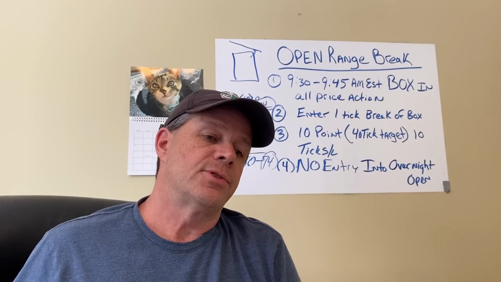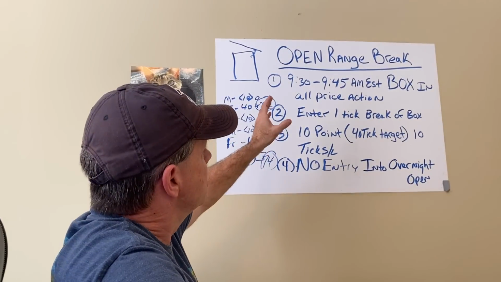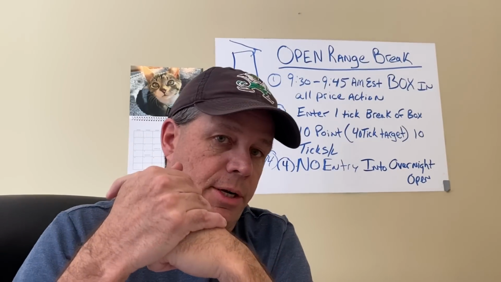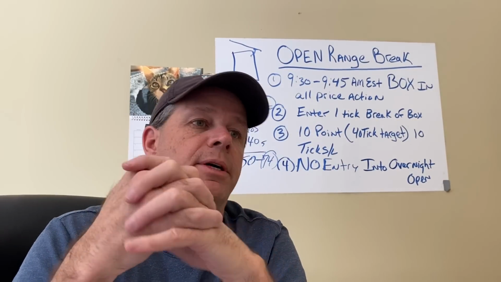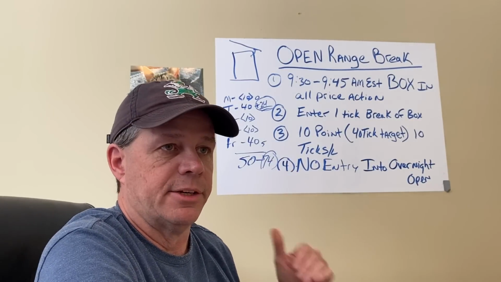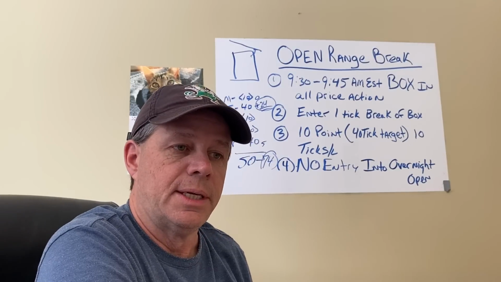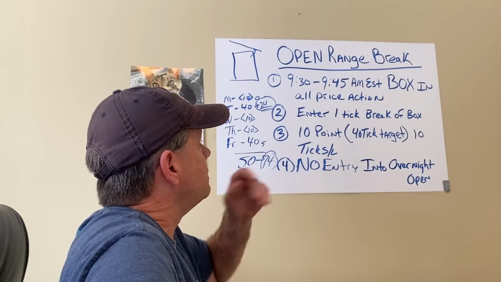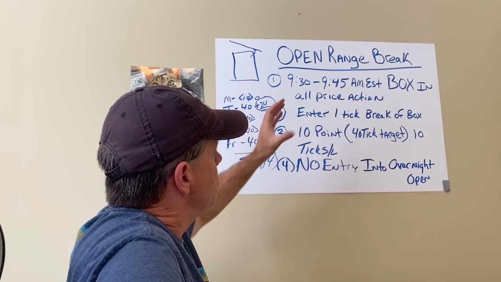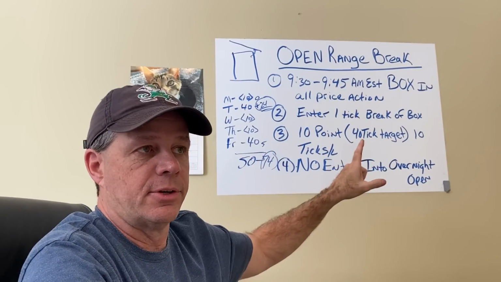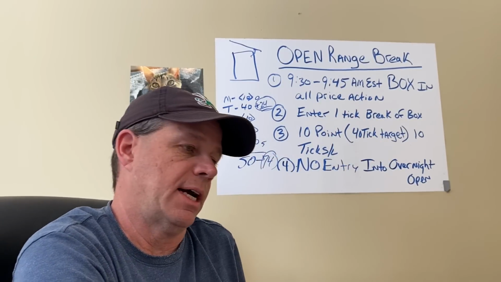And what it is, it is all price action on the equity markets, okay? On the equity markets. And predominantly the heavy hitters, NQ and the ES, okay? But what you do is you bracket all the price action from 9:30 to 9:45.